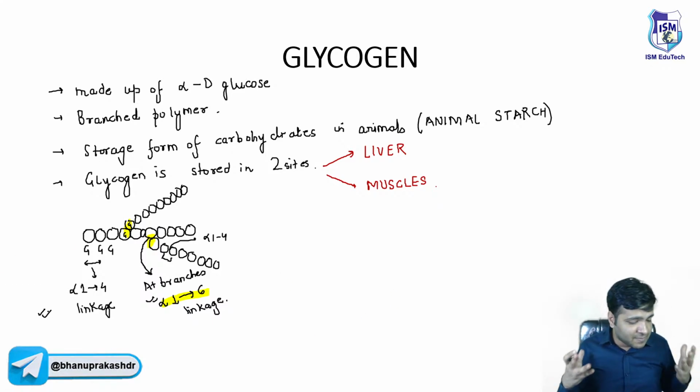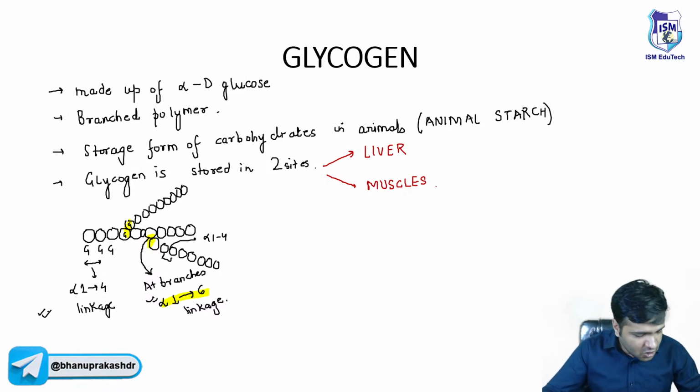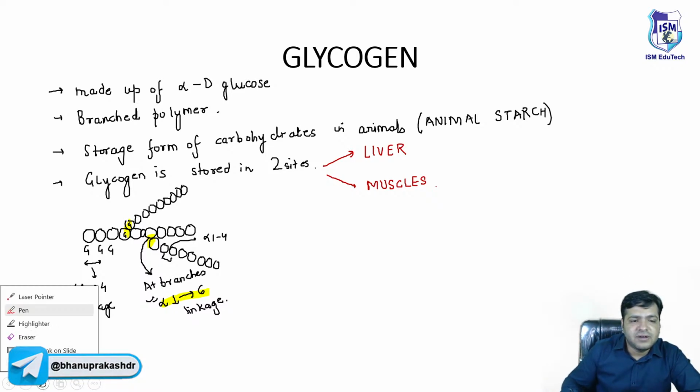When I say it is a branched polymer, everything is glucose because it is a homopolysaccharide. You have been told about two sites, that is the liver and the muscles.